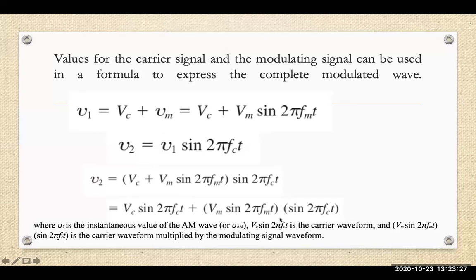So we have this equation now of the AM instantaneous value. Okay. And ano pa yung kailangang malaman natin? Carrier waveform, modulating signal. Okay.